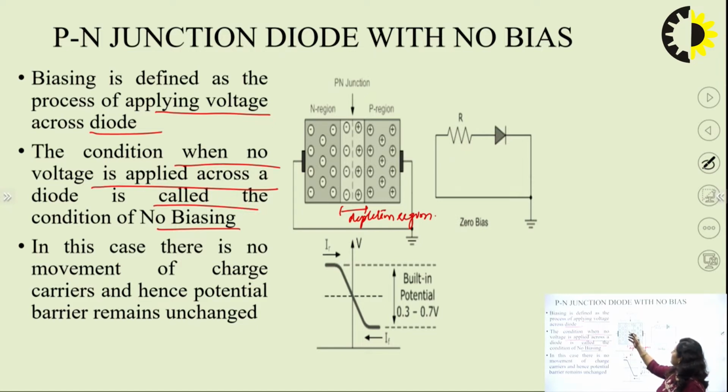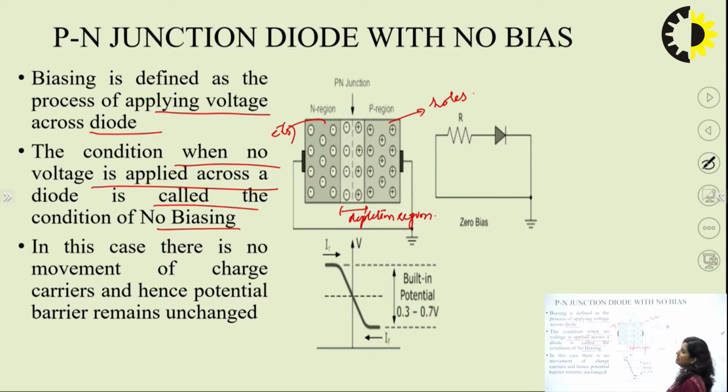In this figure we have the N type region and the P type region. In the N type region we have electrons as majority carriers, and in the P type region we have holes as majority carriers. The depletion region has negative charge at the N side and positive charge at the P side when there is no biasing.